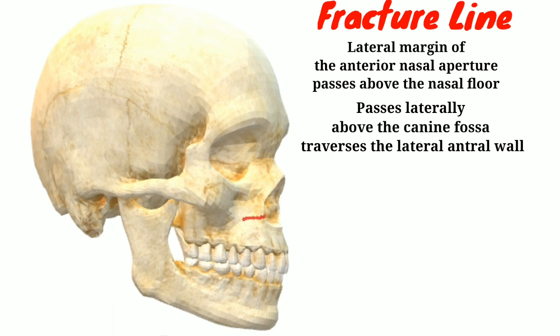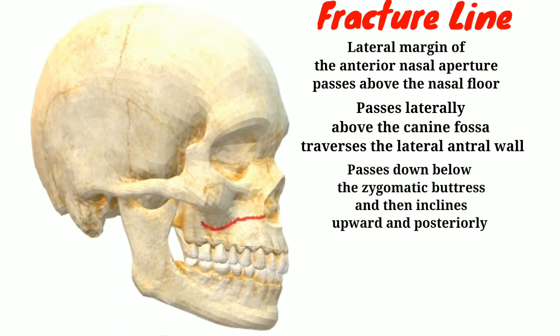After traveling above the canine fossa and the lateral wall of the maxillary sinus, next comes the zygomatic buttress, and the fracture line cannot obviously cross the zygomatic buttress, so it will go down and then again go up, that is posterior superiorly behind the zygomatic buttress.